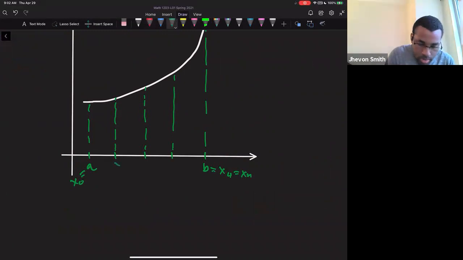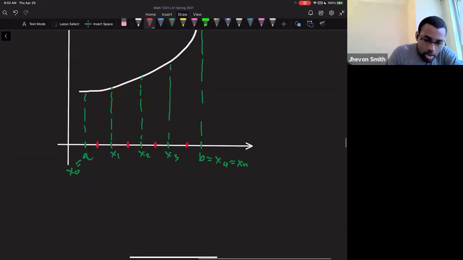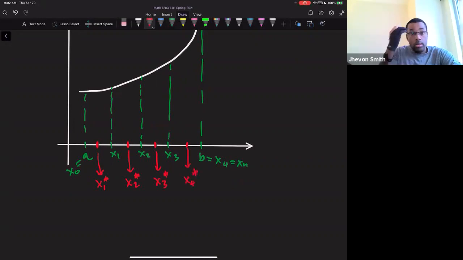Here we have x1, x2, x3, but instead we're going to choose the midpoints between these intervals, and we're going to call them x1 star, x2 star, x3 star, and x4 star. We're going to use these middle points to determine the height.